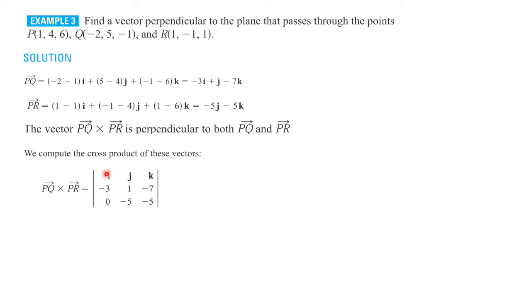Simplify this with respect to the first i: 1 times minus 5 minus minus 5 times minus 7, then minus j, minus 5 times minus 3 is 15, 0 times minus 7 is 0, j plus k, delete this row and column, minus 3 times minus 5 is 15 minus 0. Simplify it, we'll get minus 40i minus 15j plus 15k.